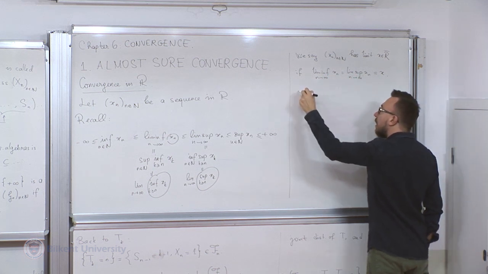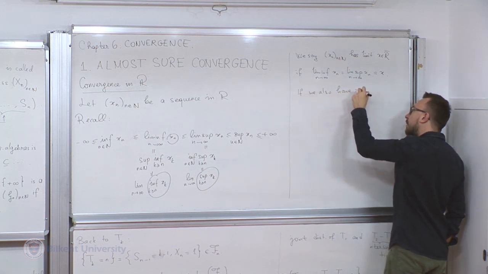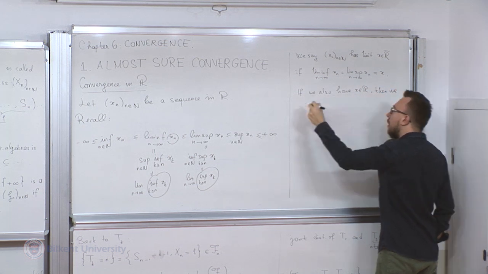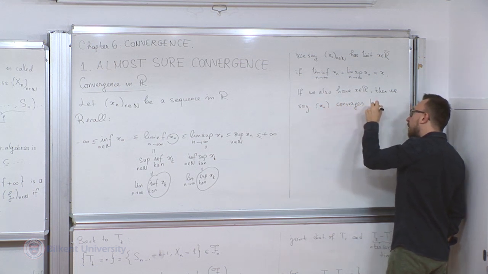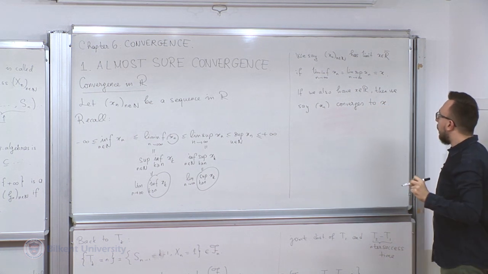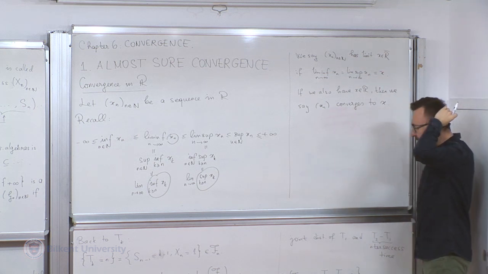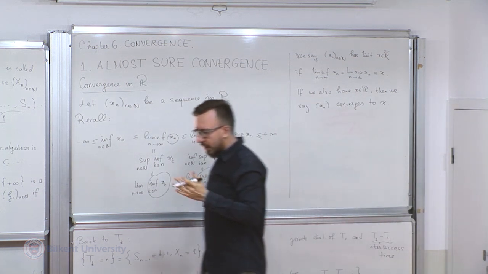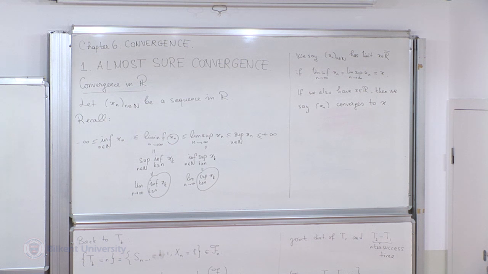And if we also have x being a real number, then we say xn converges to x. Right. So if the limit is plus infinity or minus infinity, we don't say convergence. We don't say that it converges to x. We just say the limit is x. Okay, so that is one way to talk about limits.